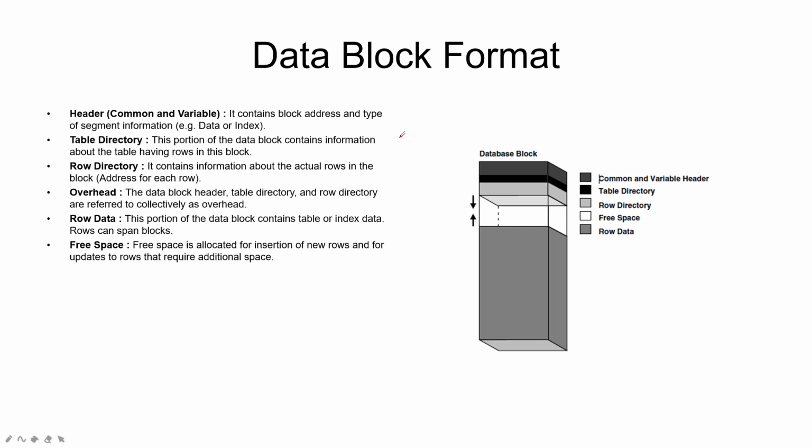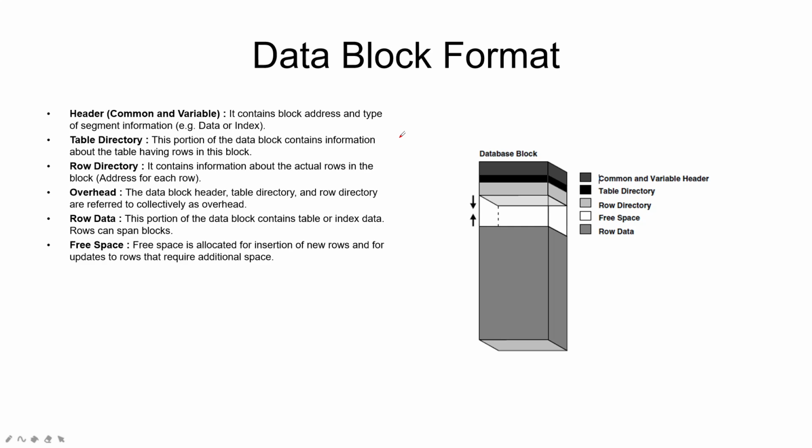The next thing is the table directory. This portion of the data block contains information about the tables which are stored in the block. So next one is the row directory. This portion of the data block contains information about actual rows, including the address for each row piece in the row data.